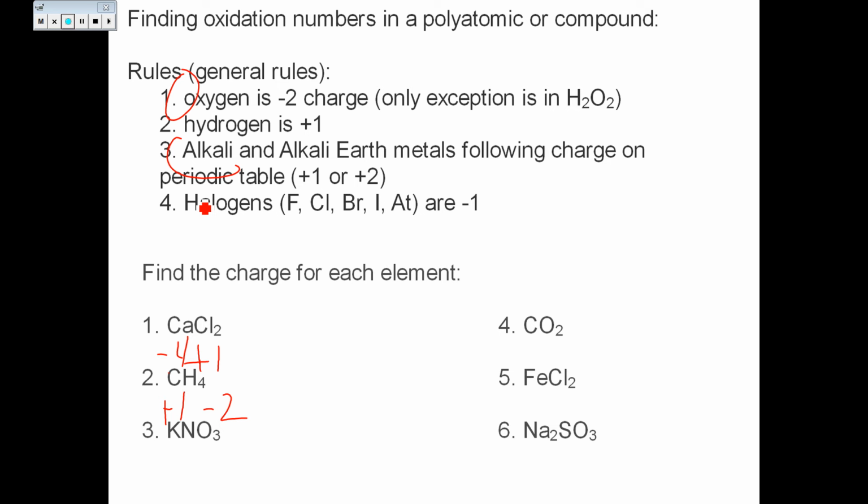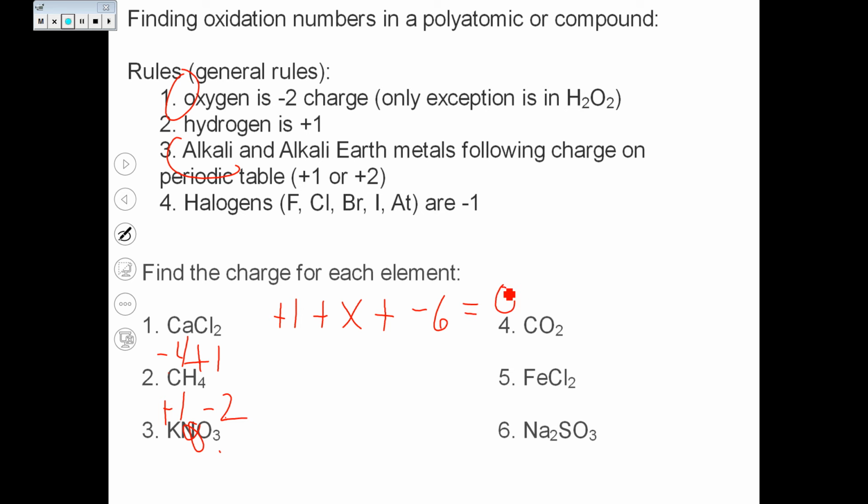Okay, so what we're going to do is calculate what nitrogen's oxidation number will be in that compound. We have 1 potassium that contributes a +1 charge, so we're going to go +1. There's 1 nitrogen, and we don't know what its oxidation number is, so we're going to call it X. And then we have 3 oxygens that each contribute a -2 charge, so it contributes a total of -6 to that overall molecule.